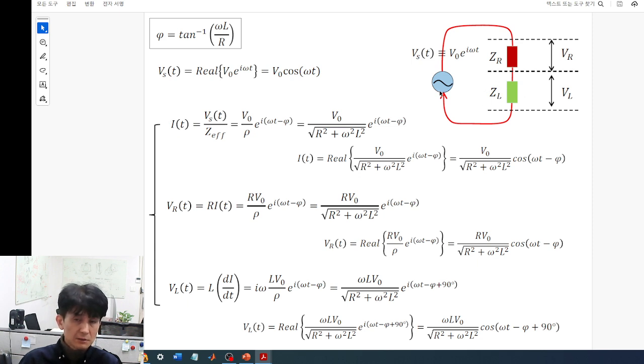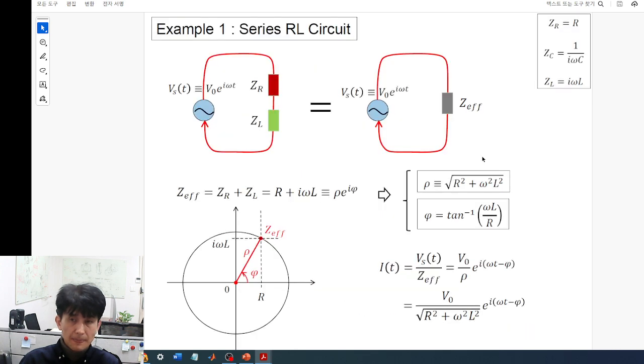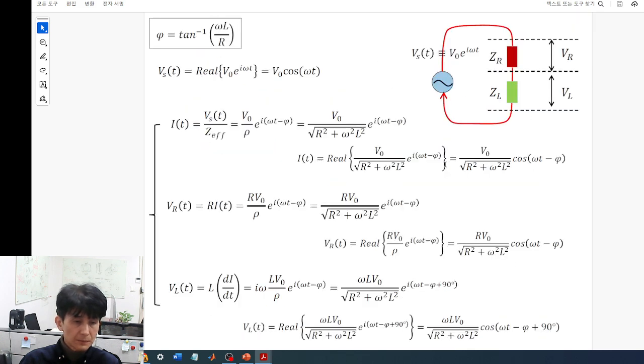Impedance of the inductor is I omega L. So instead of taking a derivative, we can just multiply the impedance ZL, that is I omega L, with the current.